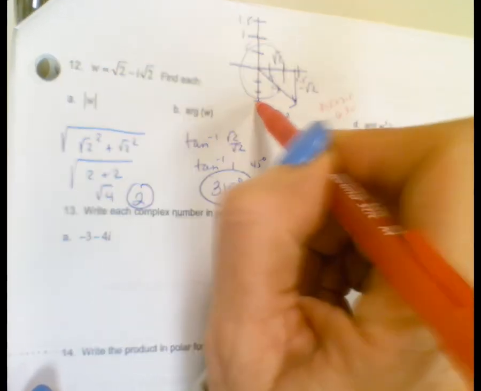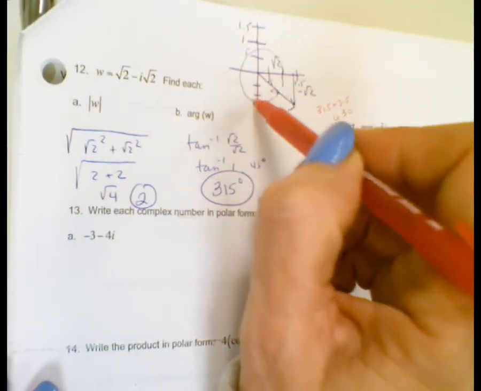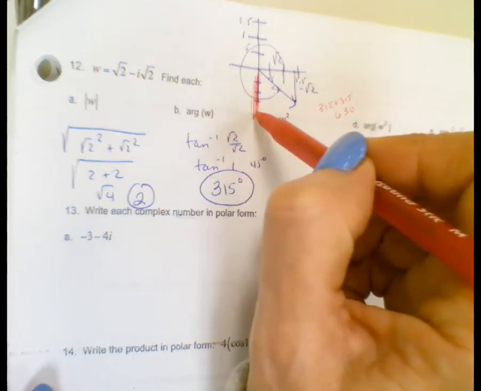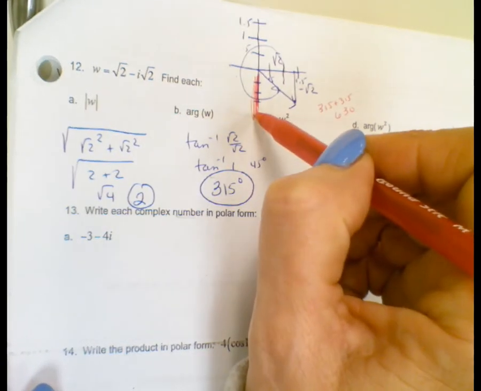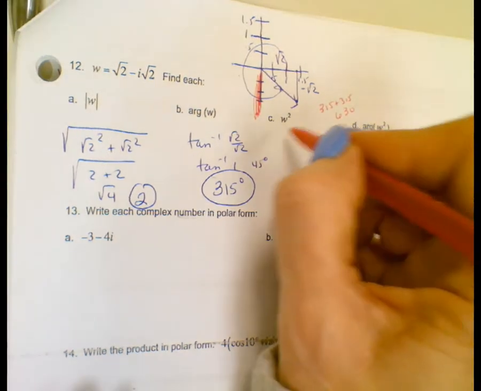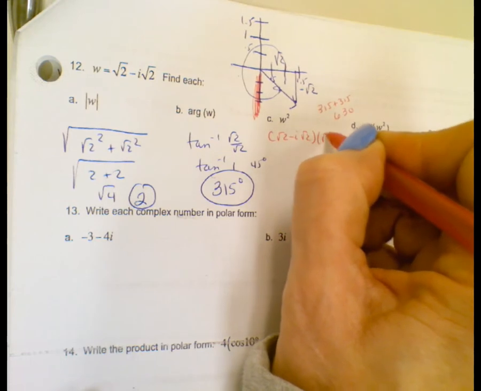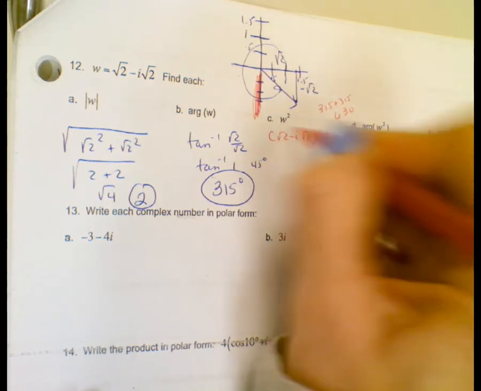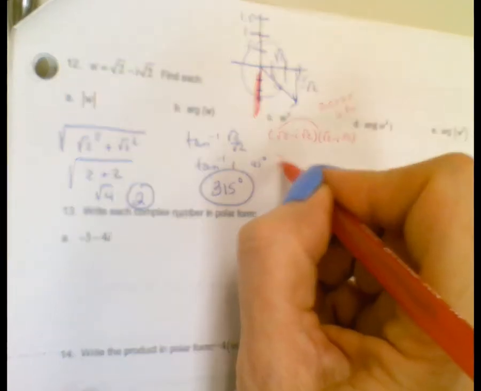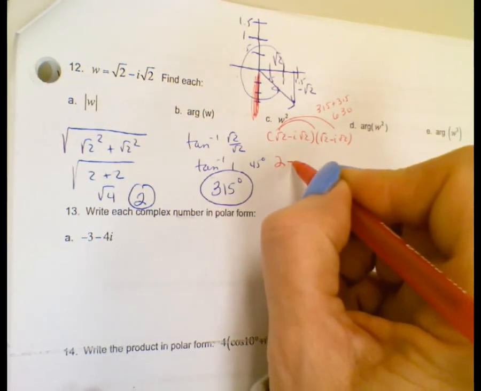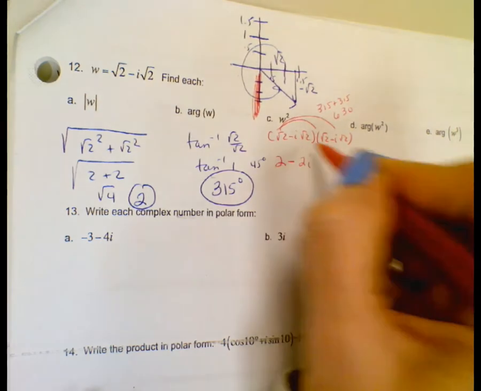I think you're going to end up on this y-axis down here. So let's see if we're right. Let's do the work. I feel like I should do the work. Radical 2 minus i radical 2 times itself. FOIL. Radical 2 and radical 2 is 2. Radical 2 and negative i radical 2 is negative 2i.